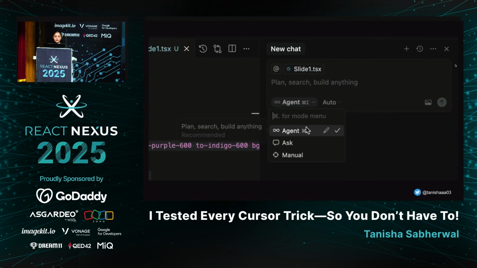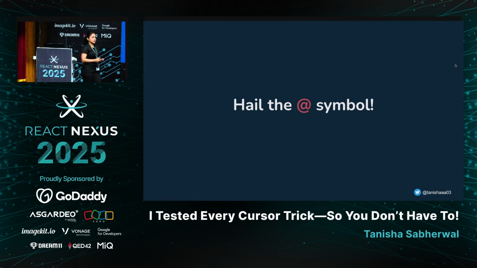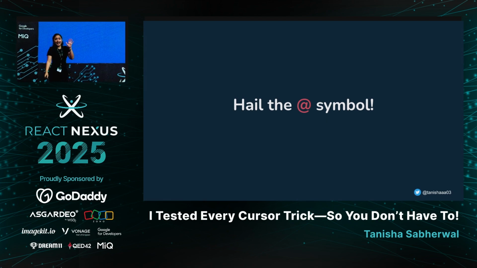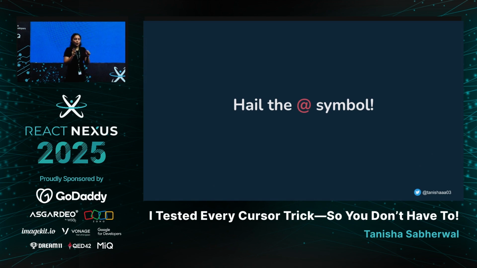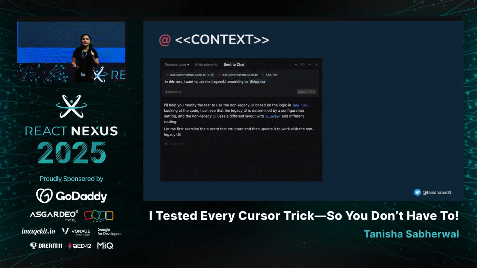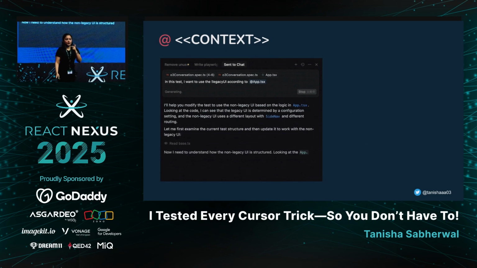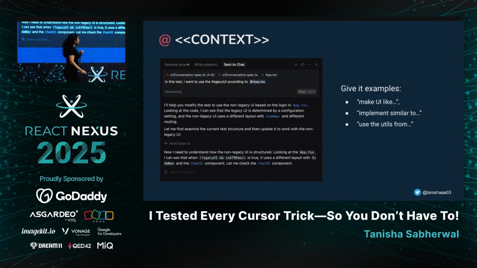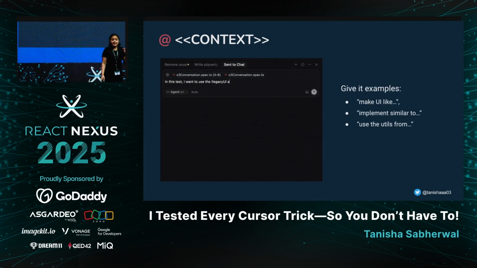We can talk about a few more things that you can do with Cursor. The @ symbol. The @ symbol is the most powerful thing that you can work Cursor with. First is @context, which we saw, which is the most basic thing that we have here. You can attach context to anything: files, folders, code, anything. What works best here is giving it very verbose prompting, giving it examples.